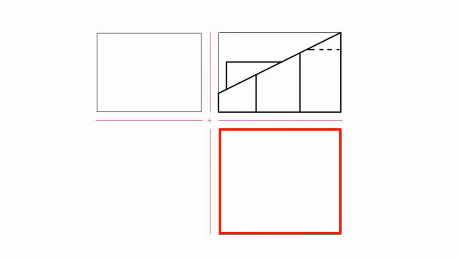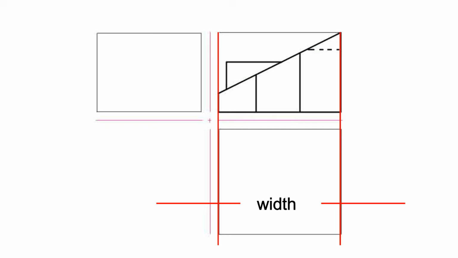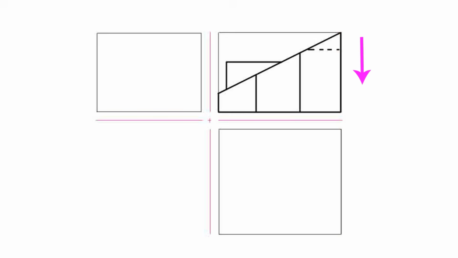Let's move to the top view. We know that the width of the front view on the x-axis is the same as the width of the top view. So, we can project vertical lines downward from the front view into the top view area.